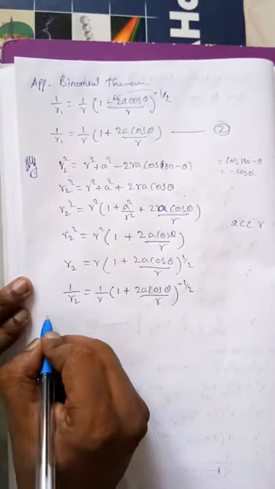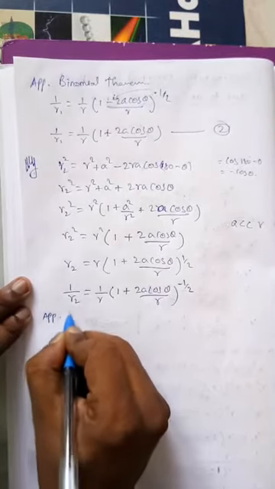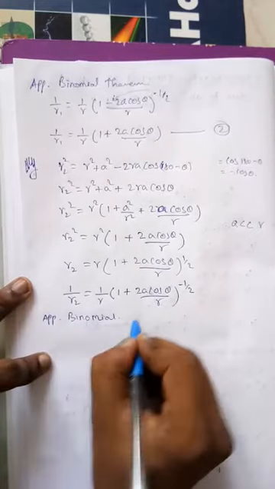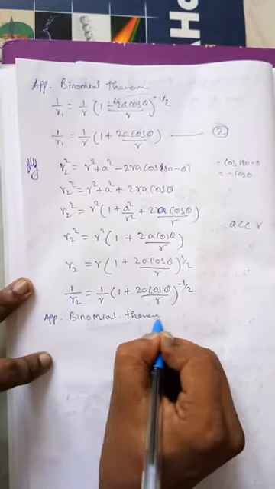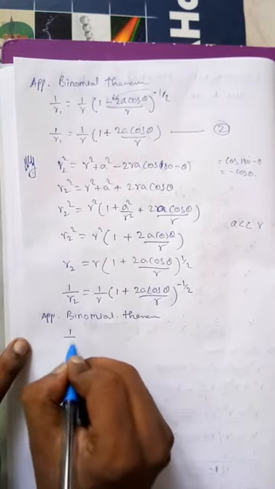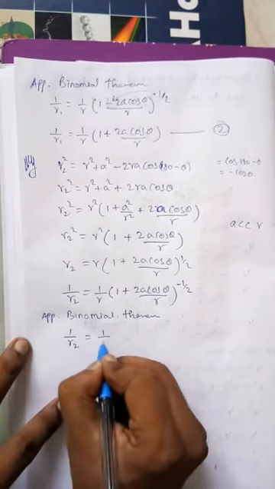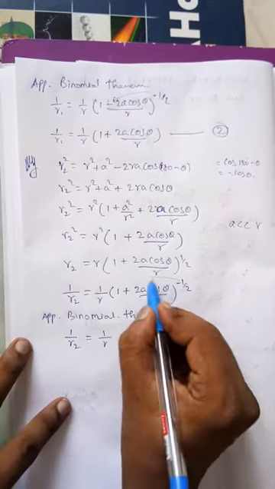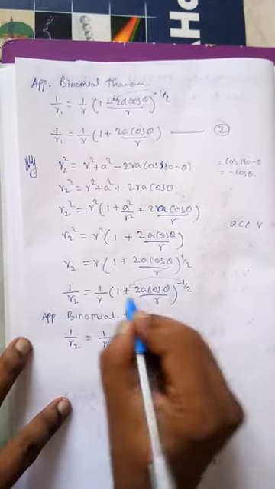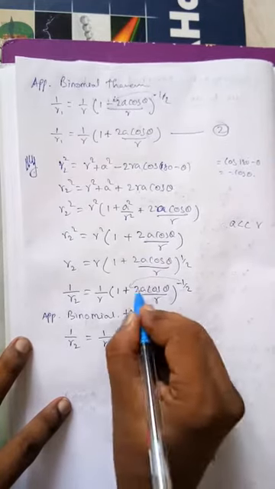So now applying binomial theorem. 1 by R2 is equal to 1 by R. Binomial theorem means you multiply here, you can easily calculate the binomial theorem. 1 plus, minus into minus, 2 cancel.